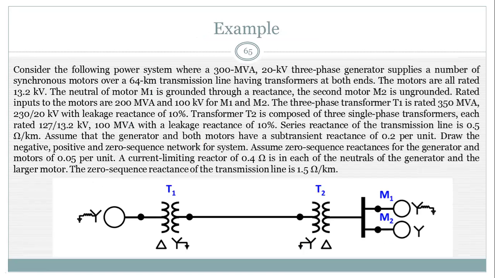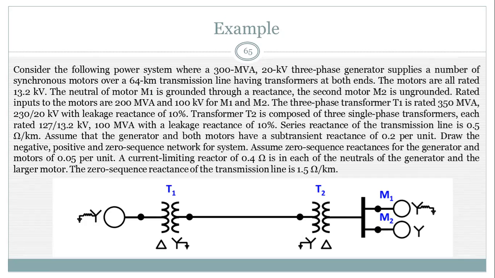So this is an example of sequence networks. We have to draw the positive, negative, and zero sequence networks for this one line diagram of a power system.